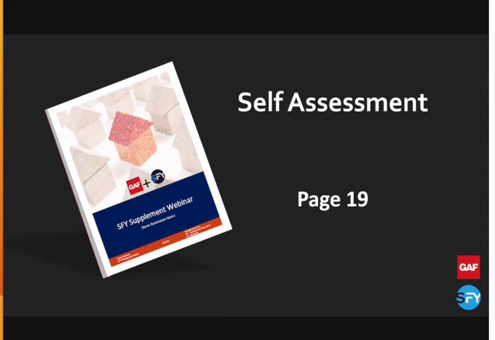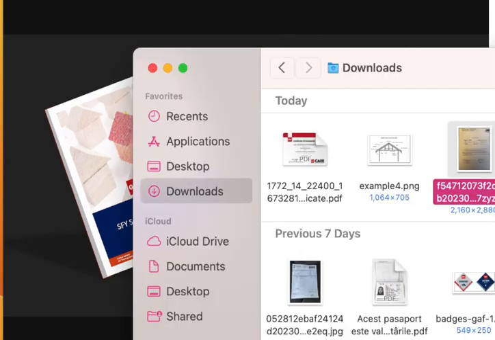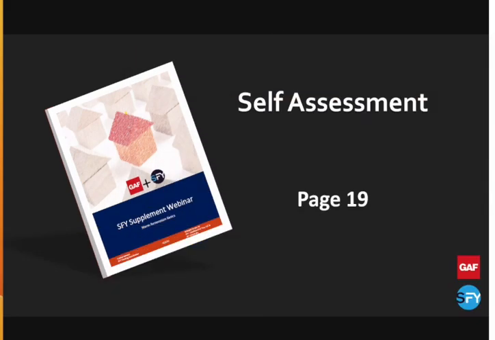Answer those questions in the book, or at least have an idea of how you want to answer, because I'm going to be asking for volunteers here. And again, you're going to find that on page 19.